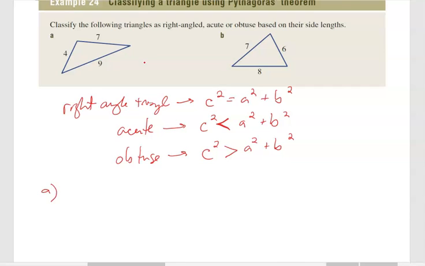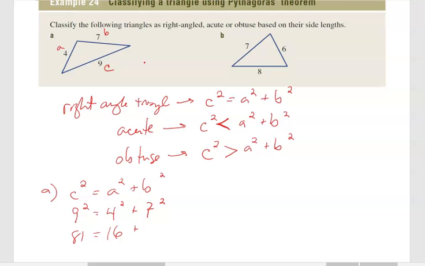For a, who's going to be our c? We've got 4 and 7 and 9. So 9 has got to be c because it's the longest side. End of story. Sorry, anybody else. 4, do you want to be a? Sure. 7, you want to be b? Why not? So we've got c squared. We're working with: does it equal a squared plus b squared? c squared is 9 squared, which is 81. 4 squared is 16. 7 squared is 49, isn't it?